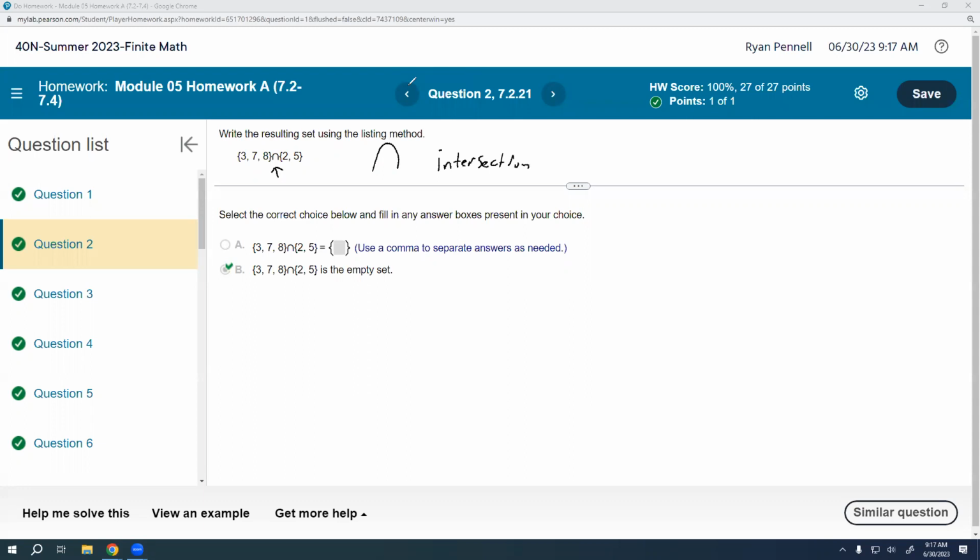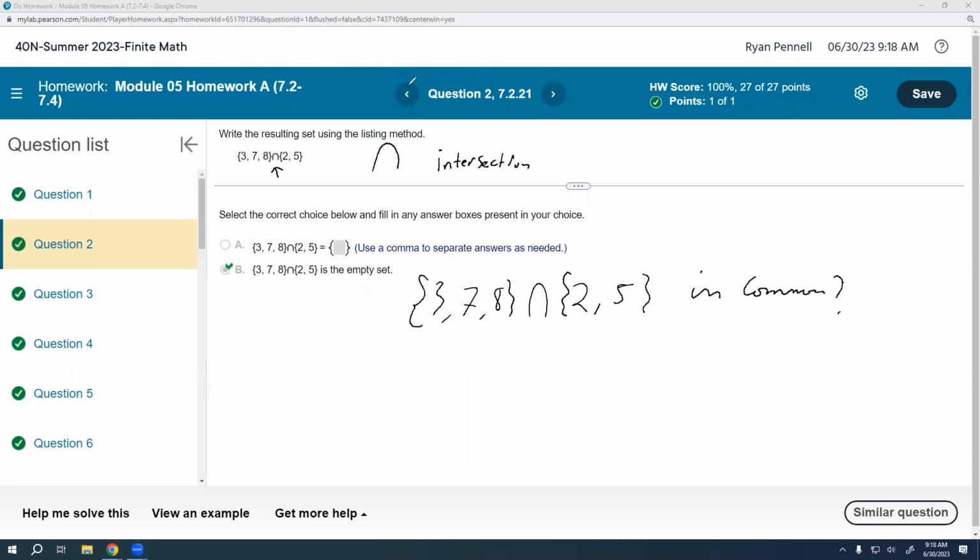And what does that mean? Well, it's what they have in common. The numbers are 3, 7, 8, 2, and 5. What numbers do these have in common?